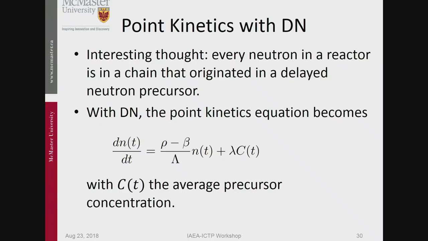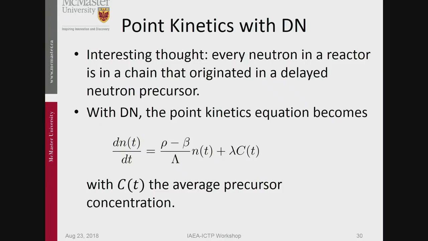But the other thing that produces neutrons is this one here. And these ones here are the concentration of the neutron precursors.